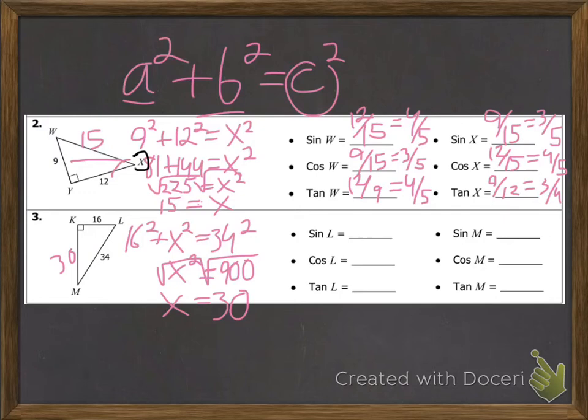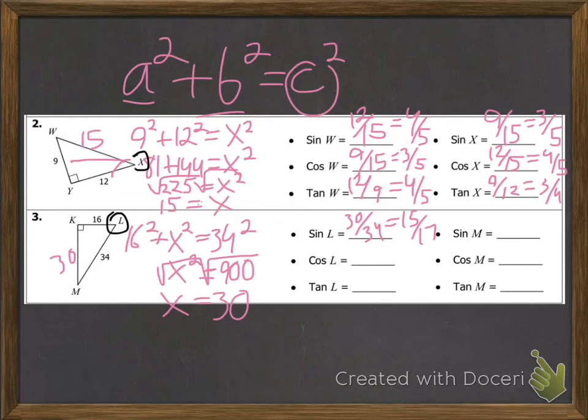So now we're going to find the sine of angle L. Remember, sine, opposite over hypotenuse. So in this case, it would be 30 over 34. And that is going to simplify down to 15 over 17, since 2 goes into both of those.